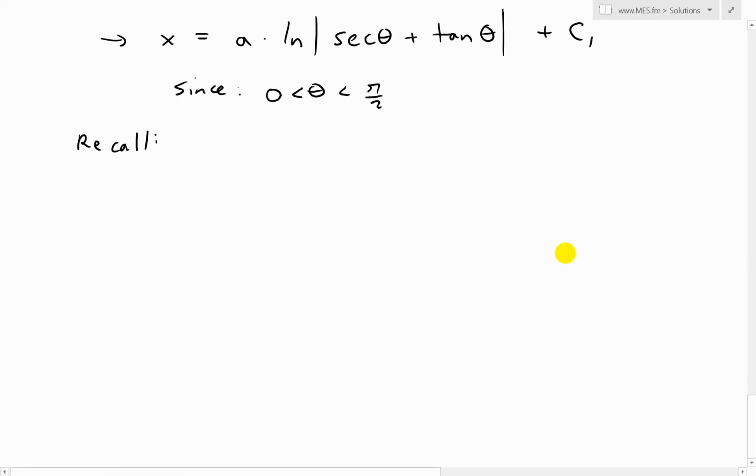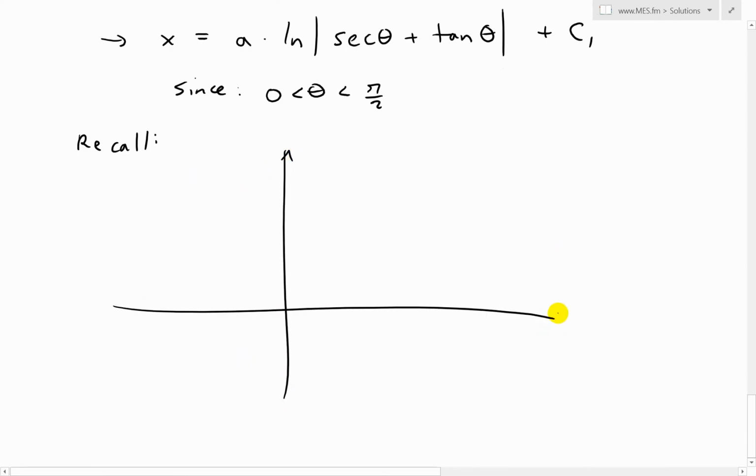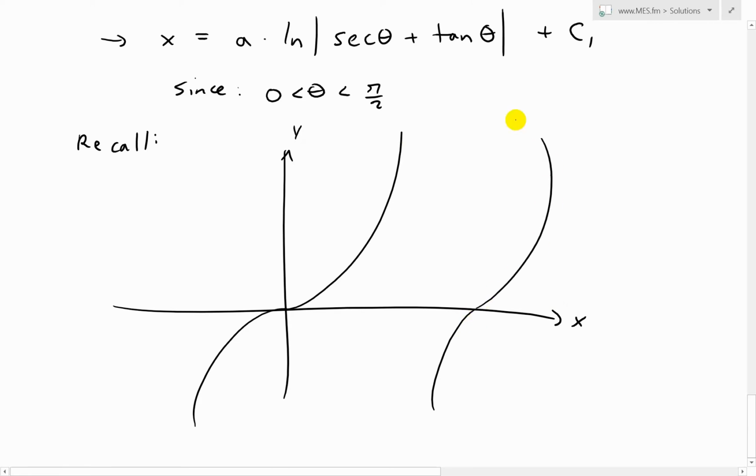Recall that the curve of tangent looks something like this, and it keeps repeating itself onwards and onwards. Between here is pi over 2, and we'll write this as theta, and put x there, so this is tan theta, and this is always positive between here.